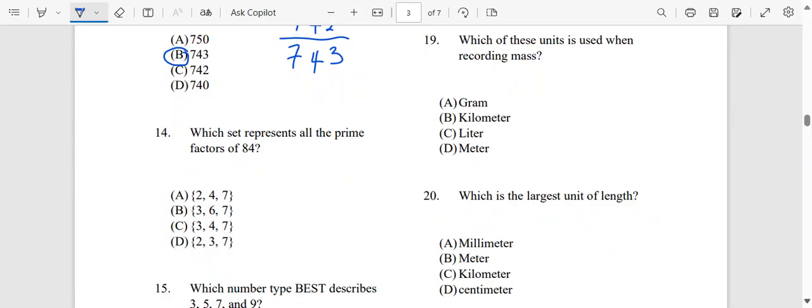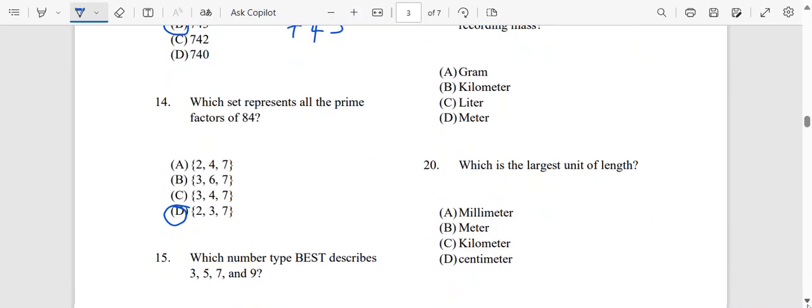Can we use 3? Yes, we also can use 3, right? So D for this is our answer: 2, 3, and 7. All right.